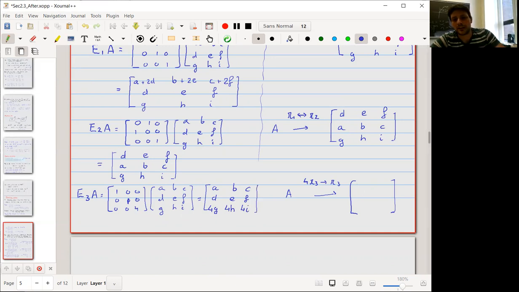Similarly, if I were to apply the elementary row operation which replaces the third row by 4 times itself, I'll get 4G, 4H, 4I.